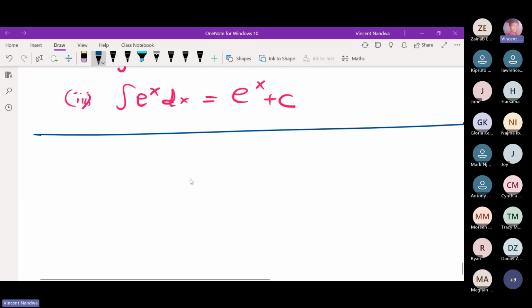So what is the integral of 1 over x dx? We want to enrich our toolbox. In simple terms, I'm asking you, can you tell me a function whose derivative is 1 over x?